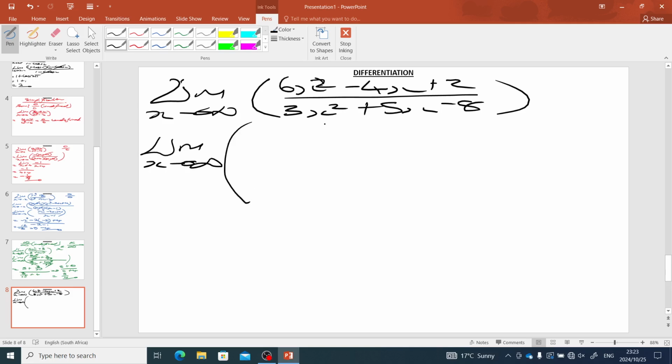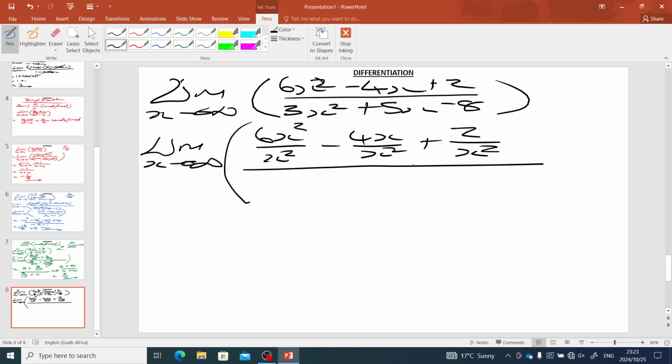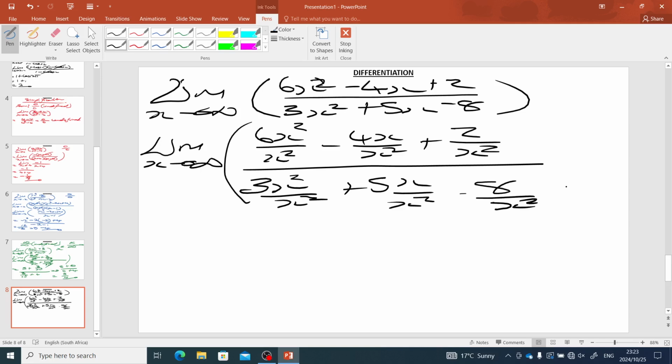The highest exponent there is x squared. That means it will be 6x squared divided by x squared minus 4x divided by x squared plus 2 divided by x squared, all over 3x squared divided by x squared plus 5x divided by x squared minus 8 divided by x squared.